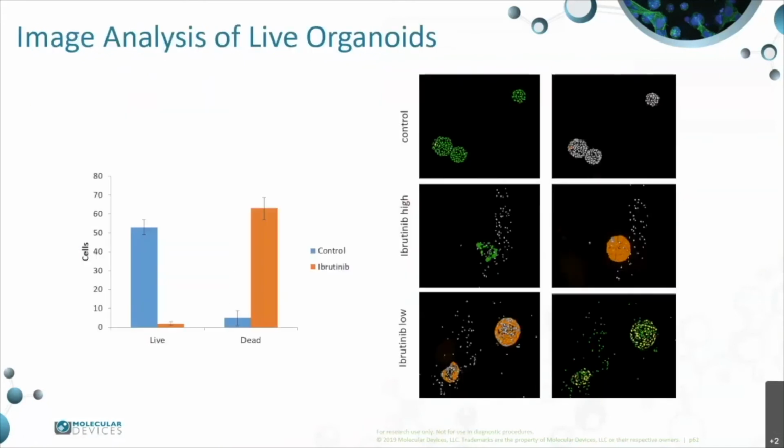So in this example, you can see how we use live dead analysis, which allows definition of calcein positive cells in a control, and also this intermediate treatment with intermediate dose or high dose. So you can see decrease in the number and percentage of live cells and increase in number of dead cells.